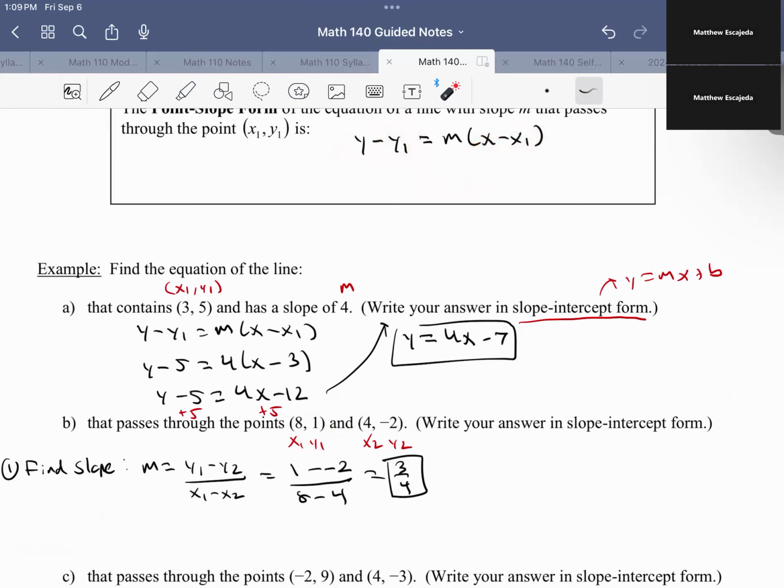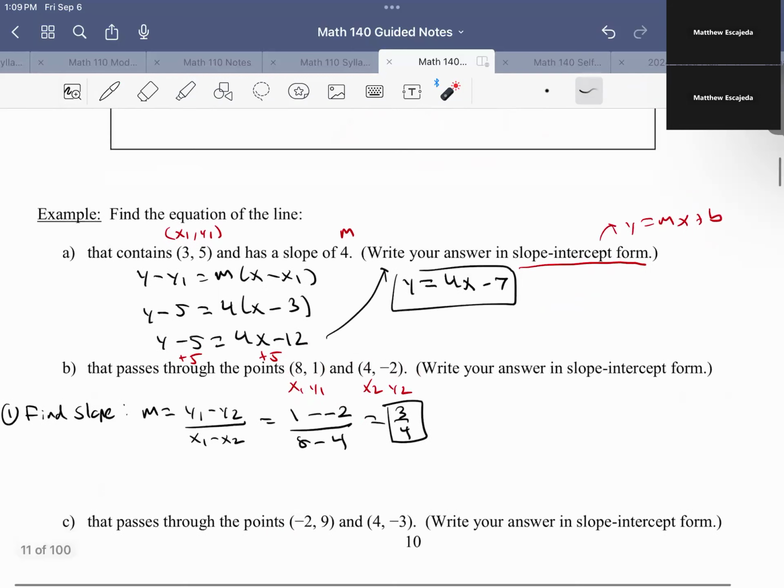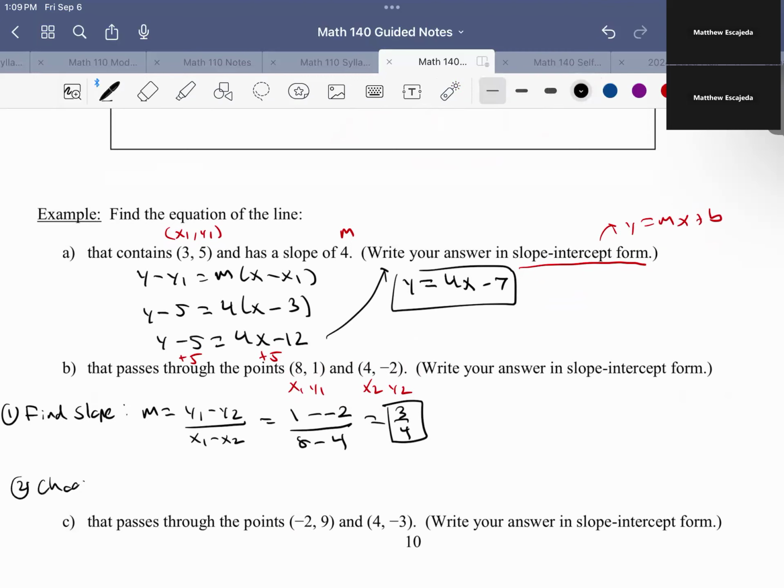So for the sake of consistency, I have 8, 1 as my x1, y1. So I'm just going to use that for these terms right here. So I'm going to choose the point 8, 1.